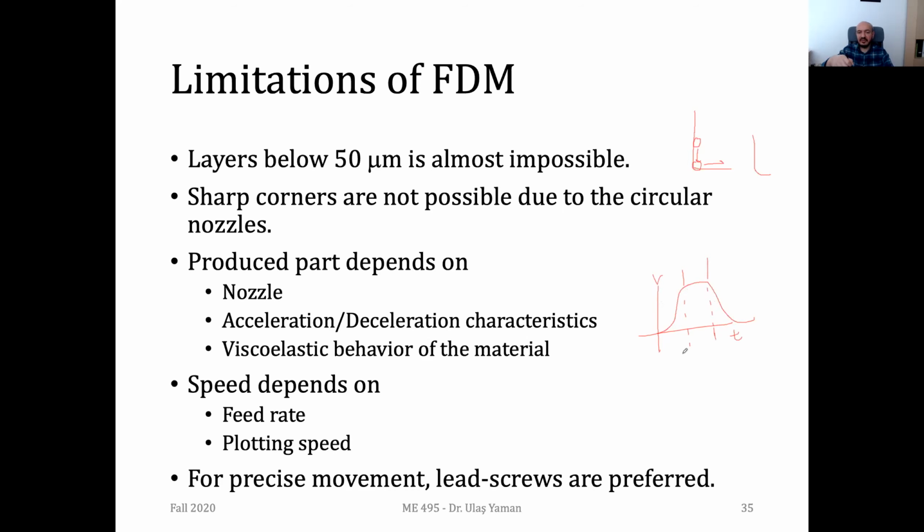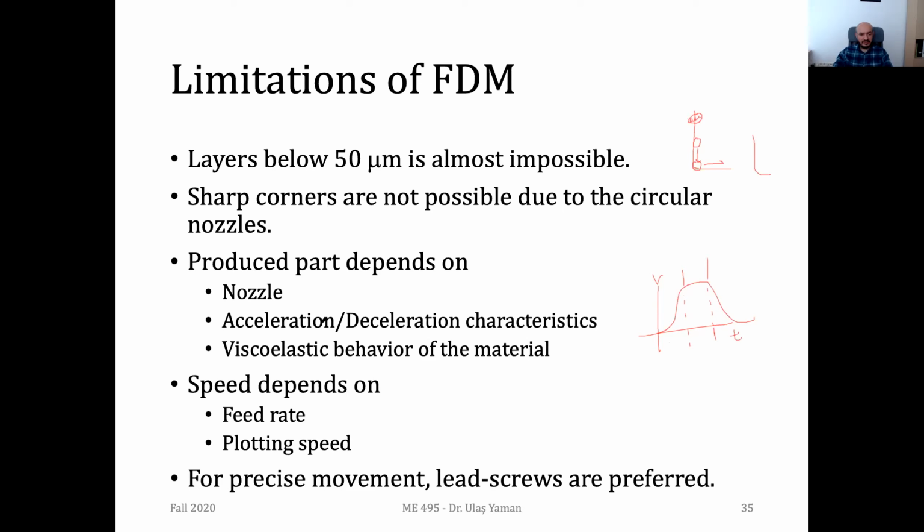During our motion on the table, your extruder is always accelerating, then going at a constant speed, and then decelerating. But these motion profiles greatly affect your quality, since you need to be careful about the amount of material extruded during these times. If you extrude too much material, then you will have such extra material around, your bead width might be too much, and your accuracy will be decreased.